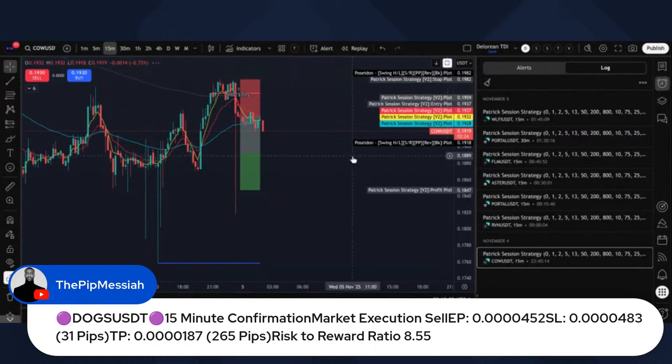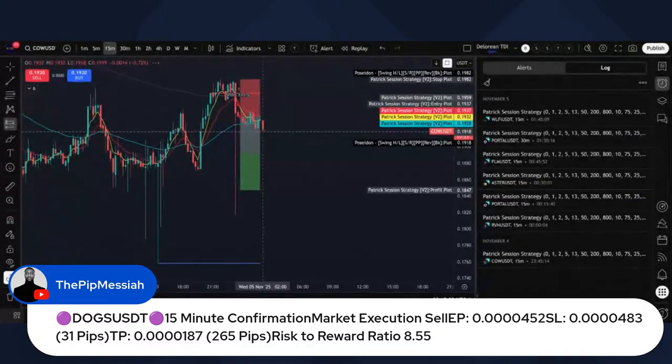All right, next up we've got Cow versus Tether. And this is targeting 1847.